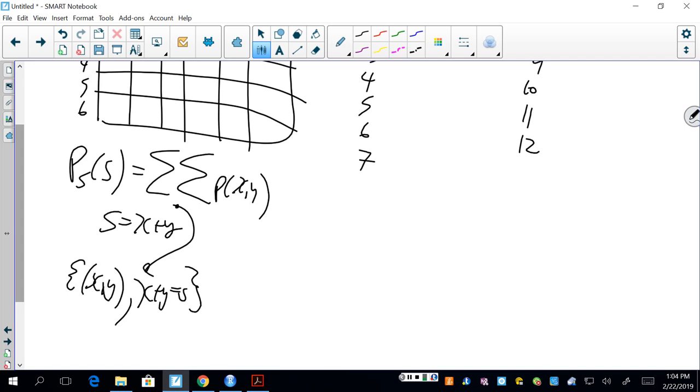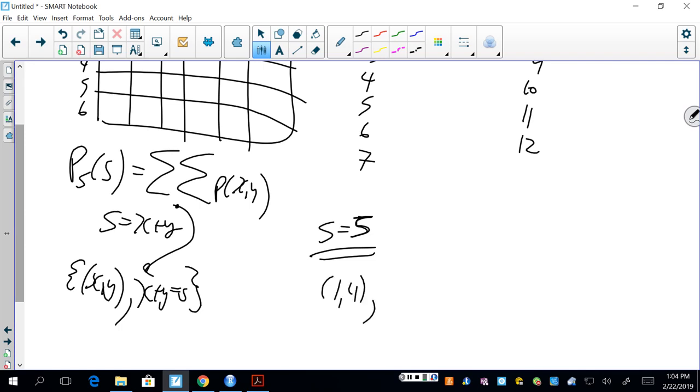So we'll say the sum is, say, s equals 5. How many pairs, which pairs end up giving us a sum of 5? You get a 1 on the first die, 1 and 4.